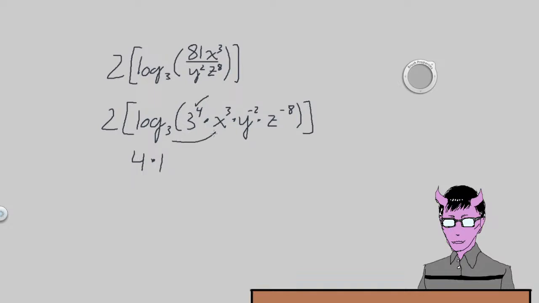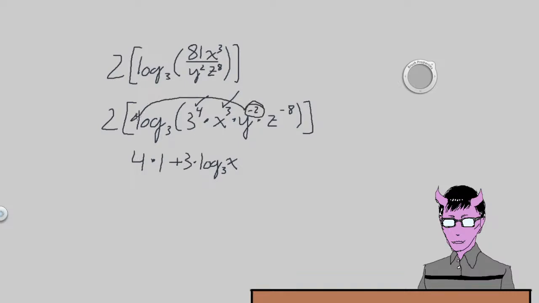Now move on to the next factor. We have x power 3. We're going to just go ahead and take the exponent, put it in the front, positive 3 times log base 3 of x. That's some good progress. There it is. This is negative 2.